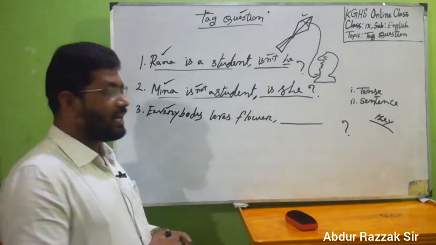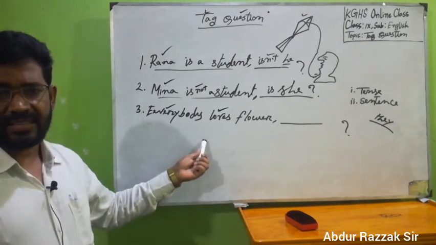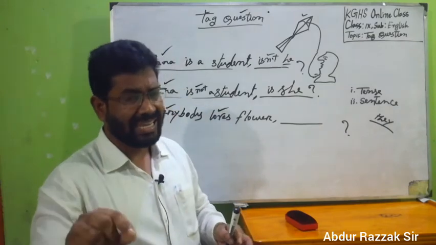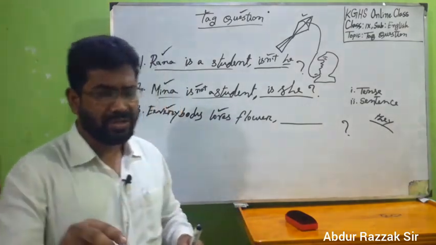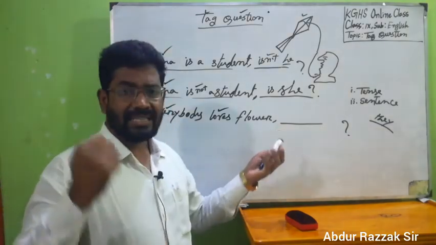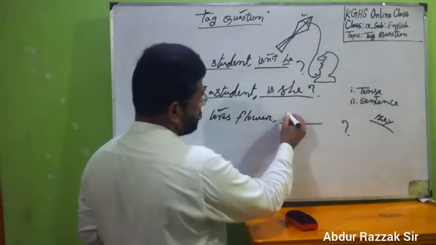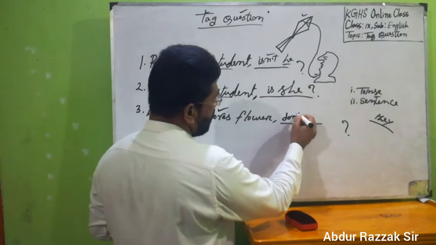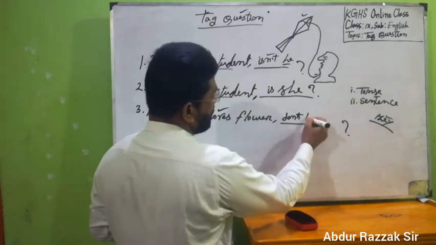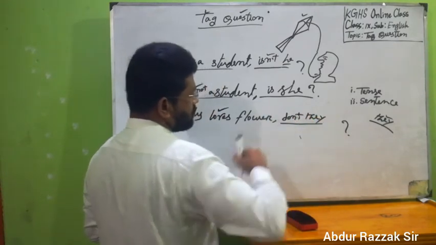So dear students, here is the present form of the main verb, so it's present indefinite tense. As there is no auxiliary verb here, to make it negative or interrogative we have to use do or don't, does or doesn't. So we have to use don't. Why? Because the subject of this sentence will be they.